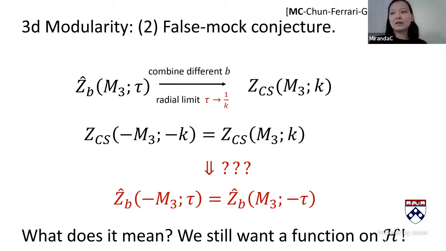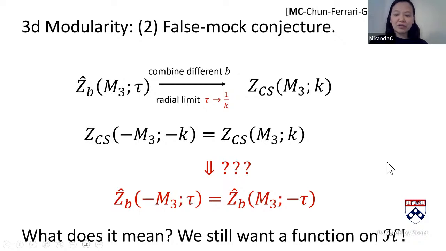That's the first question. Now I want to phrase the second question, which is a question of reverting the orientation of the three manifolds. We say that the relation between this Z hat invariant and Chern-Simons invariant is given by the radial limit. That's the first thing we propose, we believe. And the second thing we know for sure is that, in Chern-Simons invariant, if you flip the orientation, you just flip the sign of the normalized level, nothing drastic is going on.